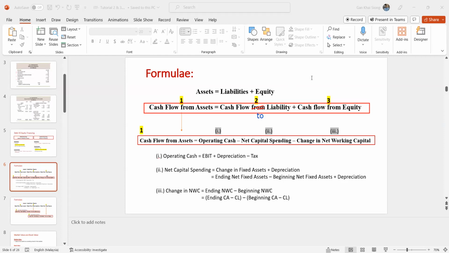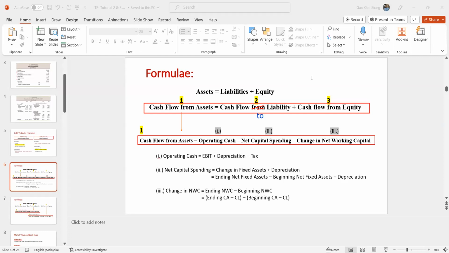Liability refers to the people that we owe money to, right? So the second component means the cash that we need to use to pay the people we owe money to. Who are they? Creditors. So this second component means cash flow to the creditors.